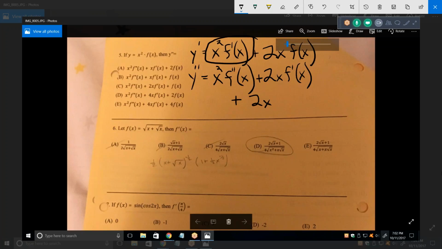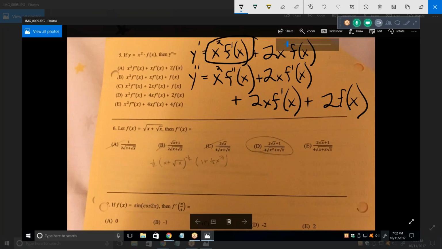Always start with the u, okay? And then times f prime of x plus, it would be 2 times f of x.